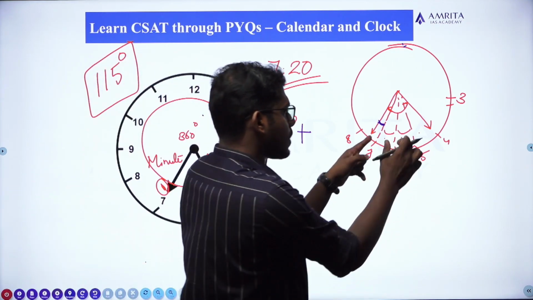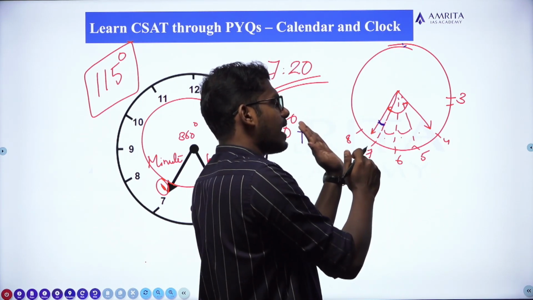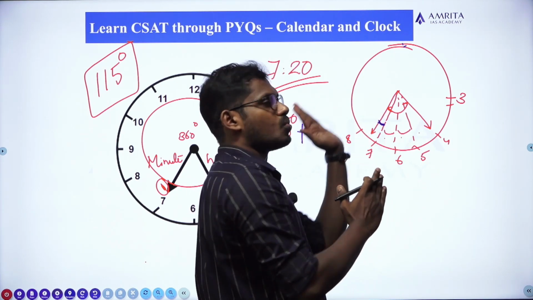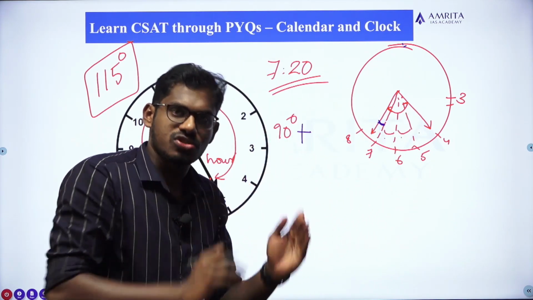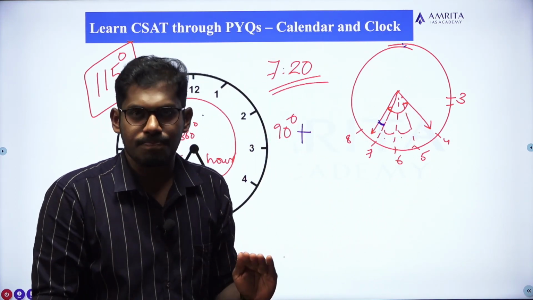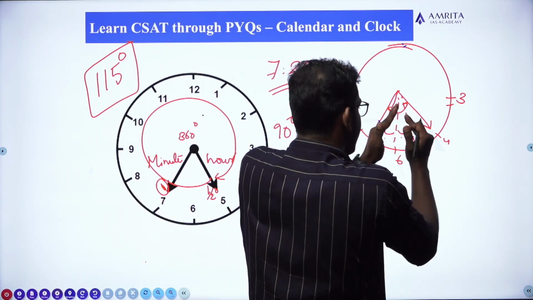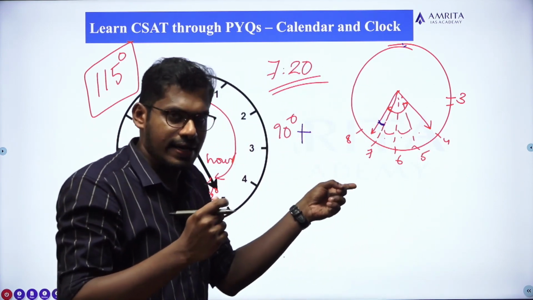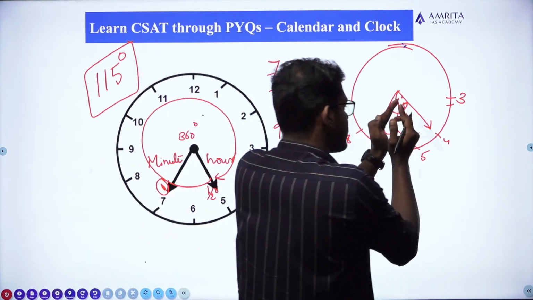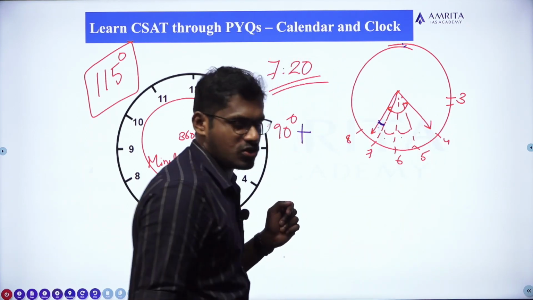Why added? Because in the previous case the hour hand was tilted towards the right, so the entire angle was reduced by an amount of 5 degree. Here the hour hand has shifted towards the left. If you analyze the diagram, the hour hand has shifted towards the left, so the angle has increased by this much of angle.